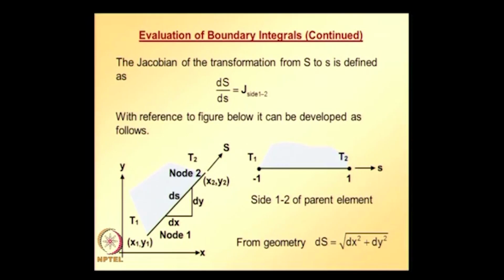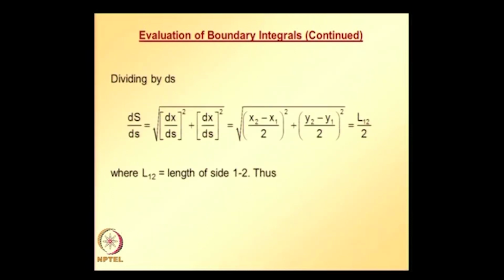If we divide both sides of this equation with d small s, we get this relation where we can substitute whatever we obtained from isoparametric mapping, that is derivative of x with respect to s, derivative of y with respect to s. Here there is a mistake, it should be dx over ds square plus dy over ds square. So, y instead of x is printed. So, this is the relation.